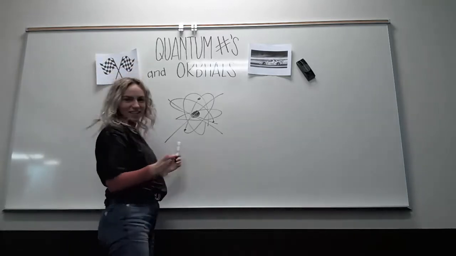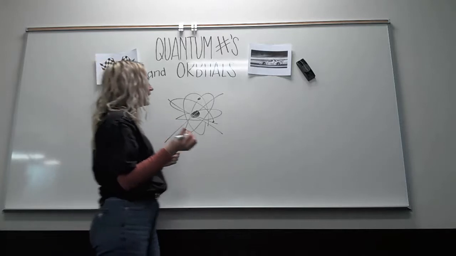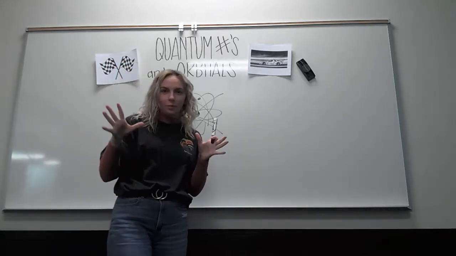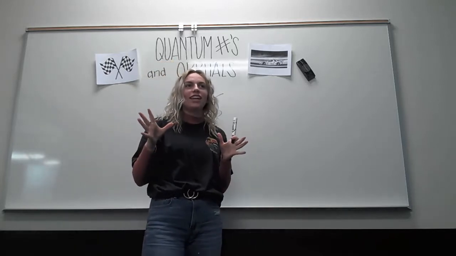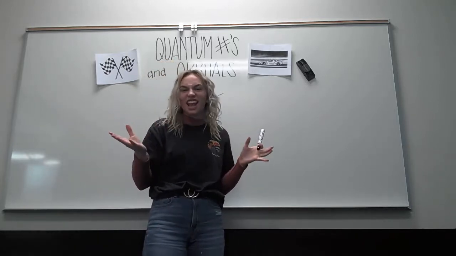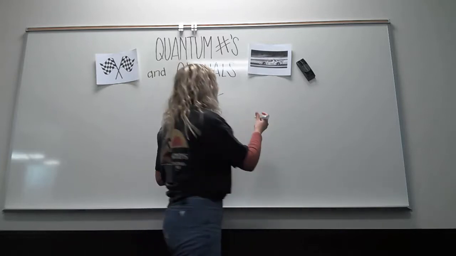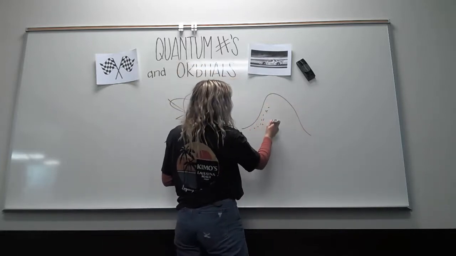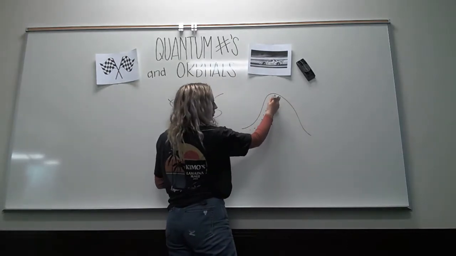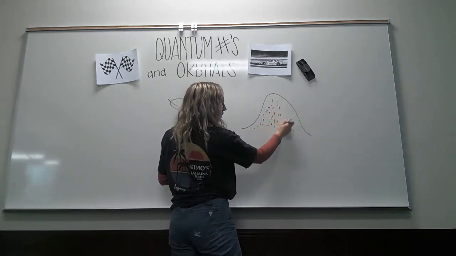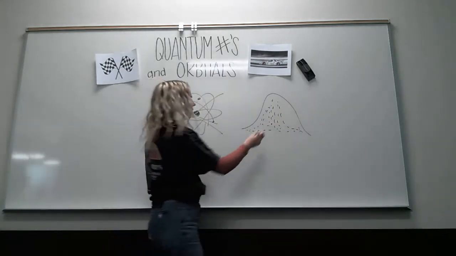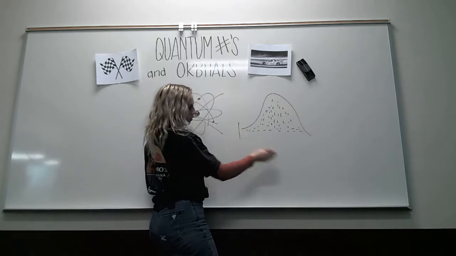So instead, what we have to think about with electrons is this: if you've ever taken statistics, you've got your little bell curve, right? Your dots fall randomly, and at some points there's going to be a really high percentage of dots, and then for certain areas there's a pretty low percentage, but there's still a possibility, and then there are other sections where there's just no possibility.